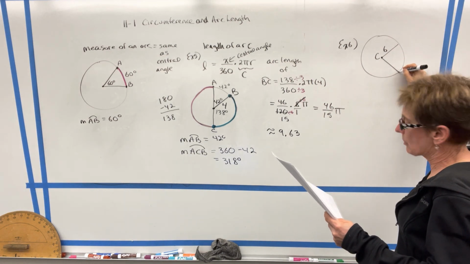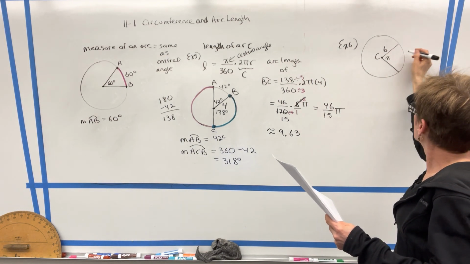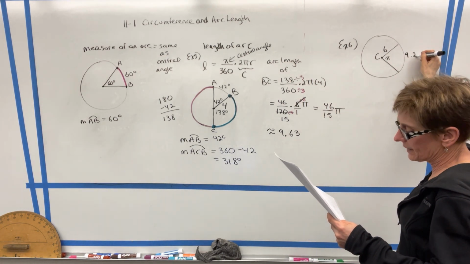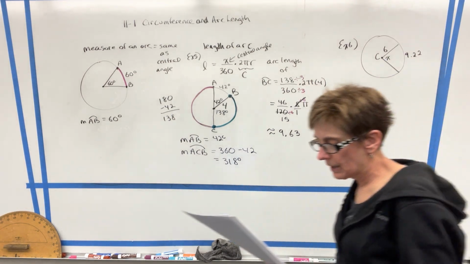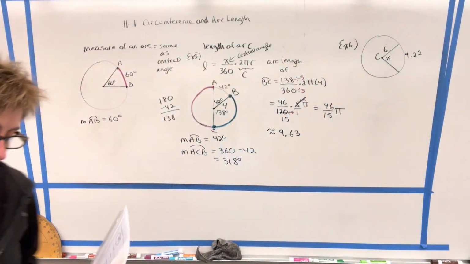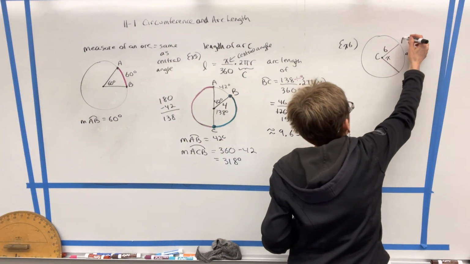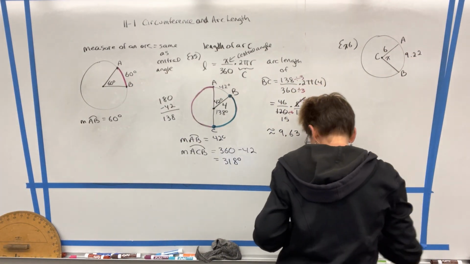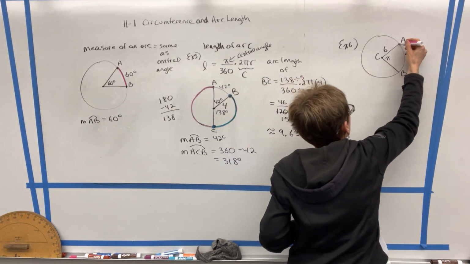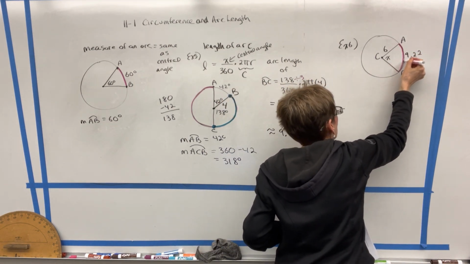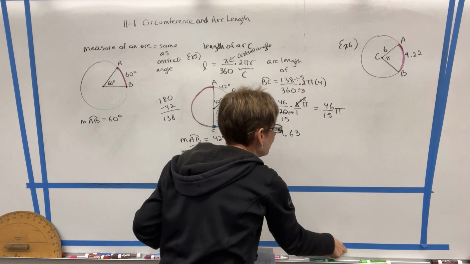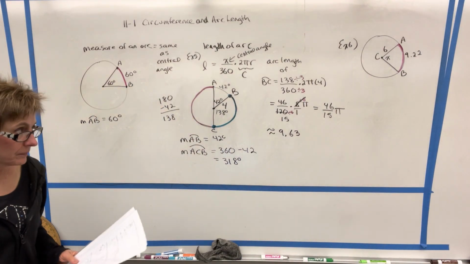In this particular problem, it's kind of interesting. They're telling us the arc length is 9.22, and they want us to find the measure of AB. So it's kind of working backwards. I'm going to use the same formula that I just did, but put things in differently.